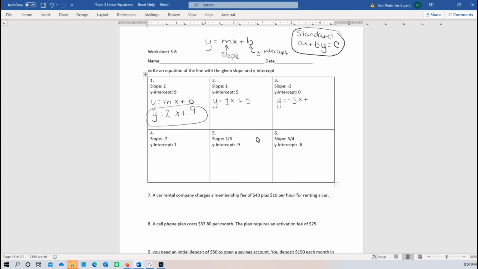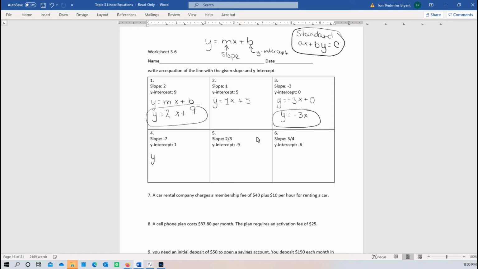And then the 0 is going to go right where the b is. Now, it doesn't matter what x ends up being. If it's a 2 and that becomes a -6, if that's a billion and that becomes a -3 billion, either way around it, when I add 0 to it, doesn't change anything. So I can actually drop that 0 from the equation and make it y equals -3x.